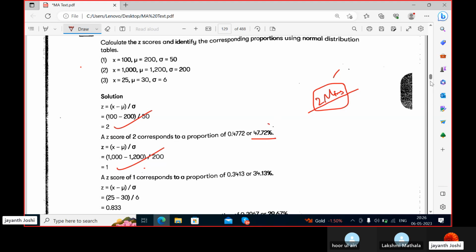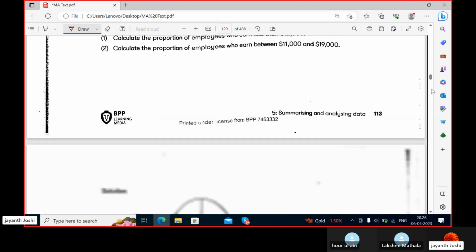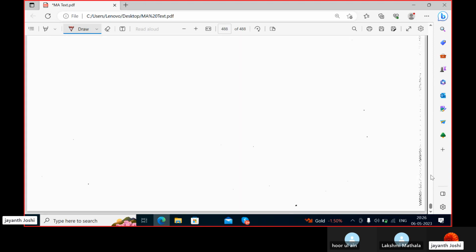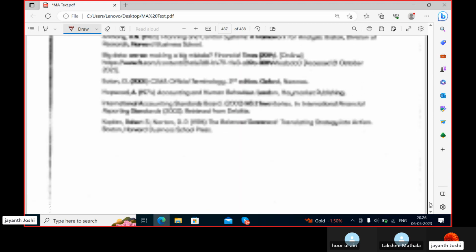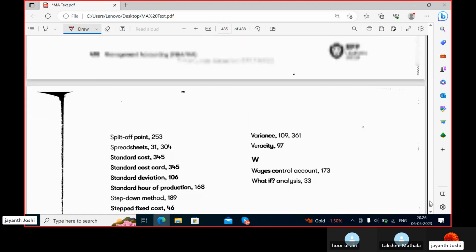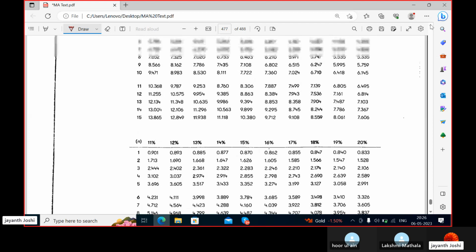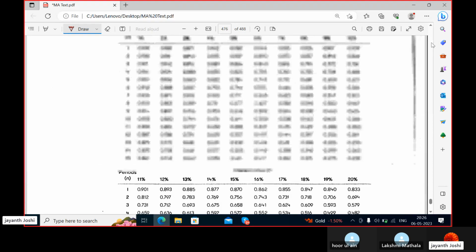Actually we can get this from the table, but I don't think they have given the table here. Did they give the table in the last page? Yes, we have. Great.